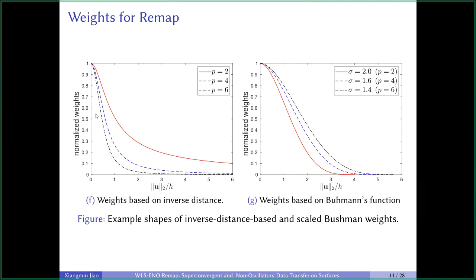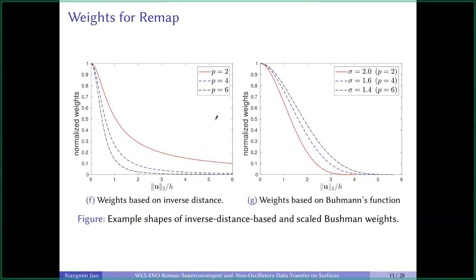So basically, the weights can achieve similar things on unstructured meshes. Now, in the context of remap, what we found is that the inverse distance weights have this disadvantage that they have a very steep slope near the center.